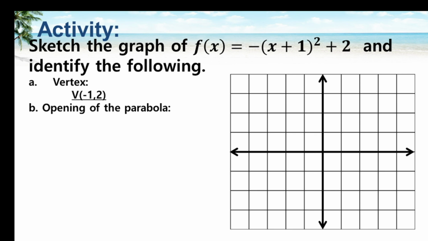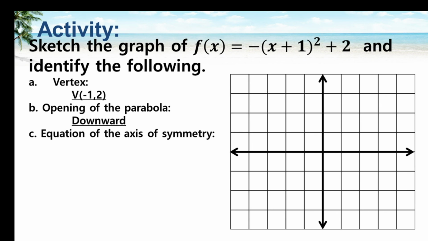What is the opening of the parabola? Yes, the opening of the parabola is downward. Why? Because the value of a in the function is negative. What is the equation of the axis of symmetry? The equation of the axis of symmetry is x is equal to negative 1.